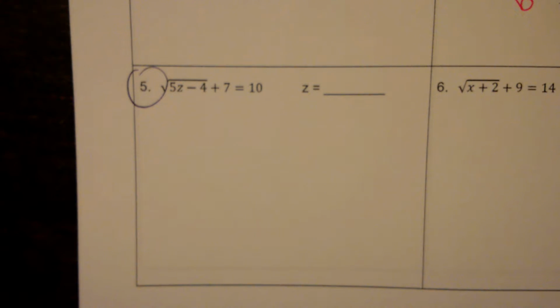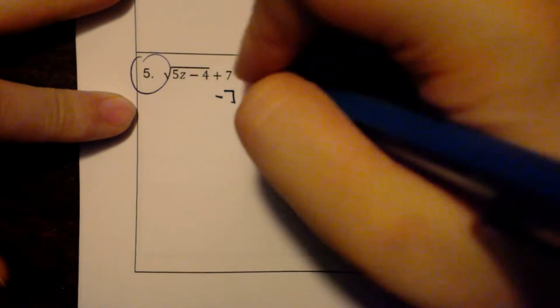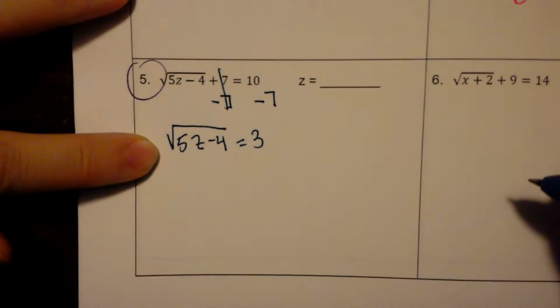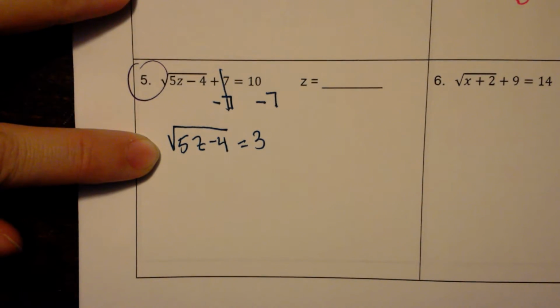So this one, my square root is not isolated. I need to subtract 7 first. Now my square root is isolated, so I can square both sides.